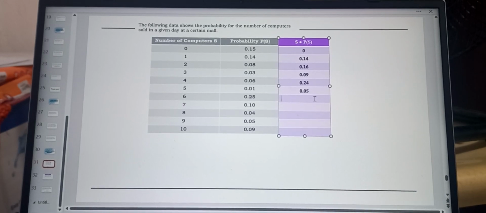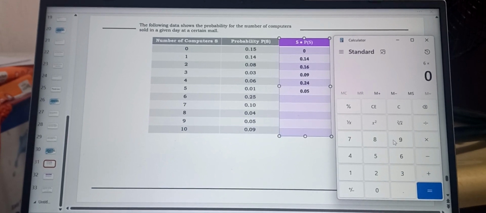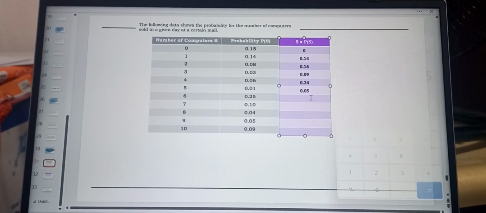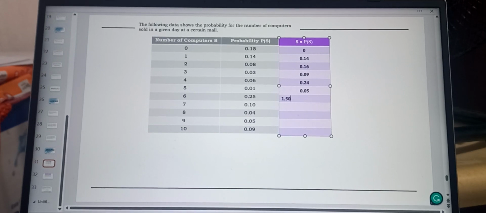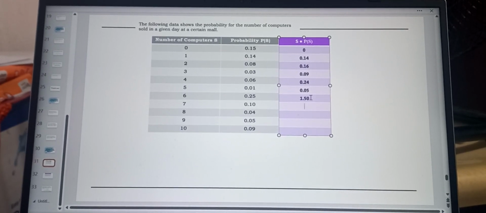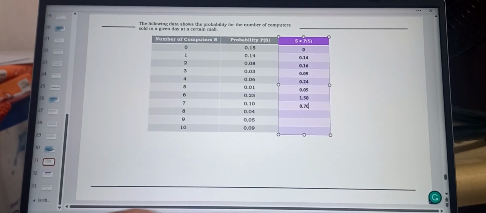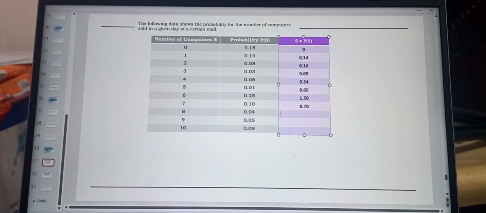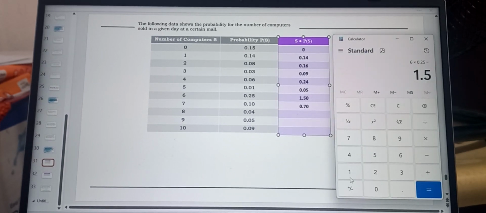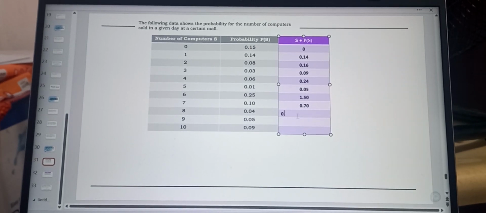Next, 6 times 0.25. So, we have 1.5, or 1.50. We will use 2 decimal places for all, since we already started with 2 decimals, so let us add a 0. 7 times 0.10 is 0.70. 8 times 0.04 is 0.32.